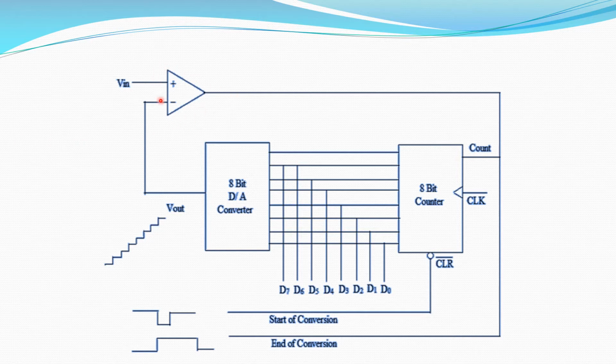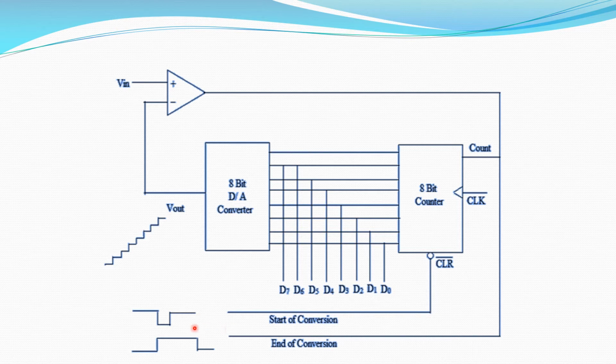This op-amp acts as the comparator. The analog input given is V in. Then here we have one digital to analog converter, then 8-bit counter. Then we have a clock signal here. Here the output digital word is D7, D6, D5, D4, D3, D2, D1, D0.